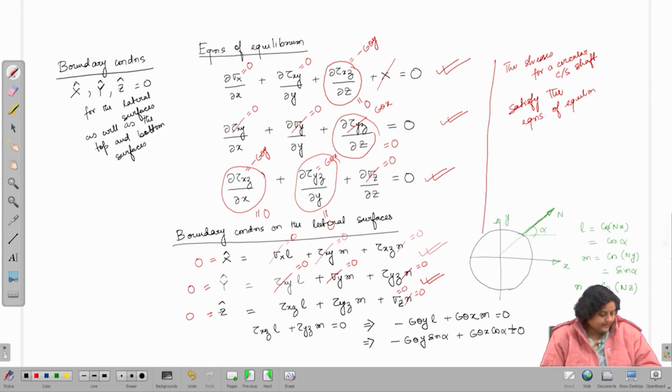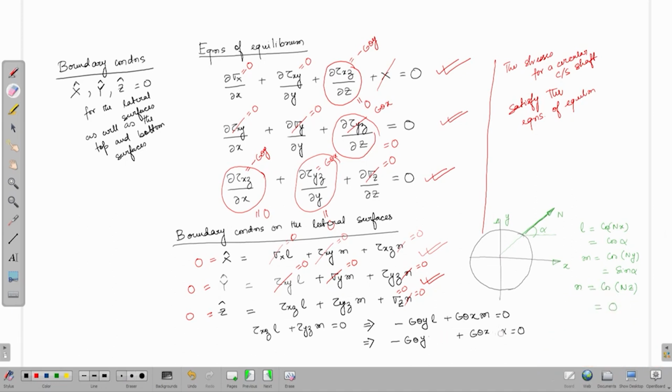Okay. So, this is the expression that we have, and now if we go by the geometry that we have seen. Sorry, I have made a mistake. So, L is basically cos alpha and m is sin alpha.